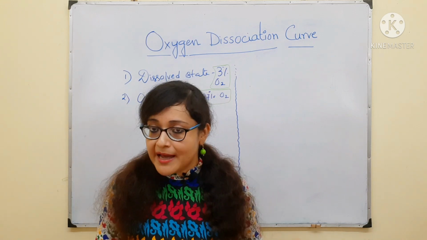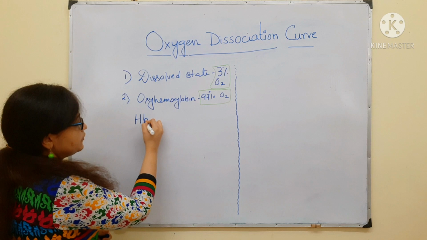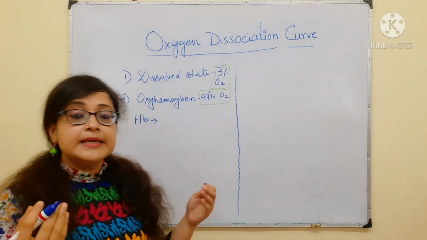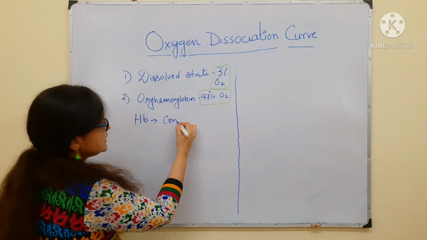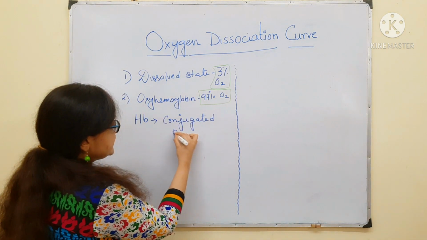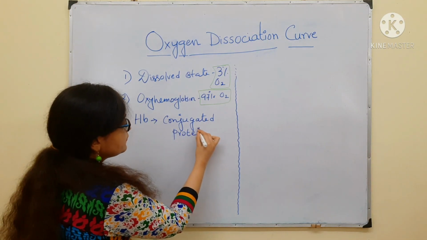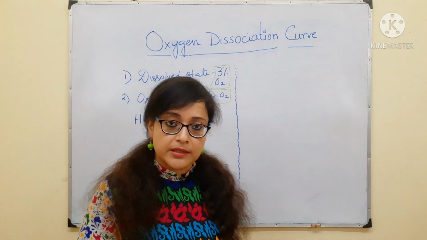Now the question is, ma'am, what is hemoglobin? Hemoglobin, we may write in short Hb, is a conjugated protein. That means it is composed of one protein part and another non-protein part.